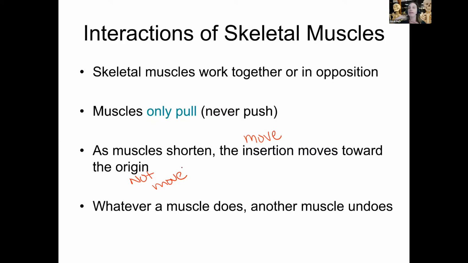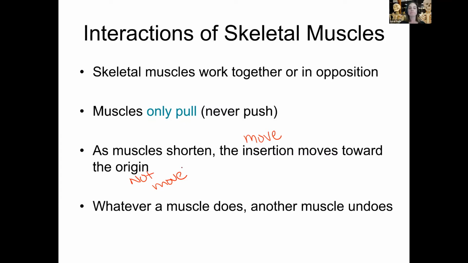This one is involved in head rotation. So when you turn your head to the side, what's moving is not down here. The sternum and the clavicle aren't moving. It's the mastoid process. It's pulling on that mastoid process, and so we say that that's the insertion up there. That's what's moving. The origin is down here, the sternum and the clavicle. And you'll also notice that when that muscle contracts, the insertion, the mastoid process, is getting closer to that origin, the sternum and the clavicle.